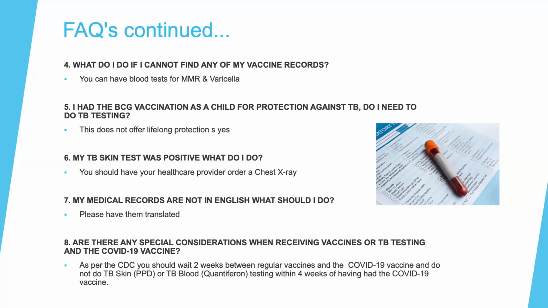So please be aware of that. And I've highlighted it on our forms so that it reminds you and your provider to consider the timing of your vaccines and TB testing.